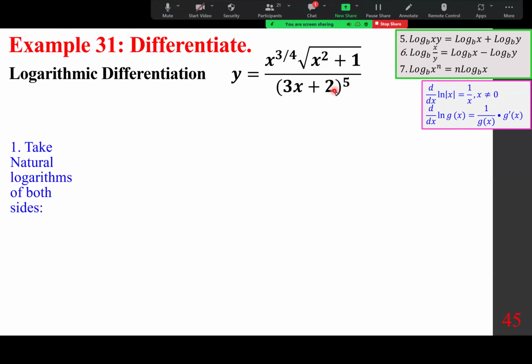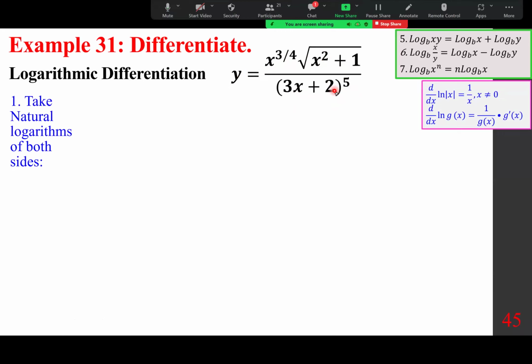Step 1, take the natural log of both sides. So if I take the natural log of this side, this is ln y, and this one I can cut into pieces.